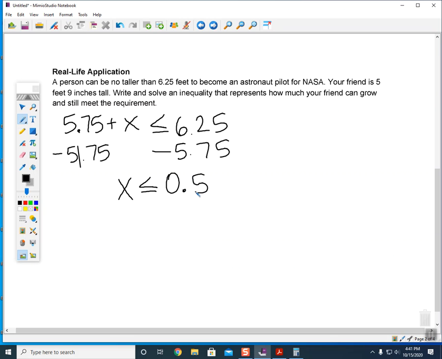X needs to be less than or equal to 0.5. In terms of inches, that means x needs to be less than or equal to 6 inches, half a foot. Okay, my friend can grow at most 6 more inches before they could no longer be a pilot for NASA.